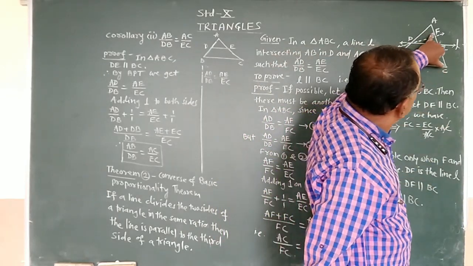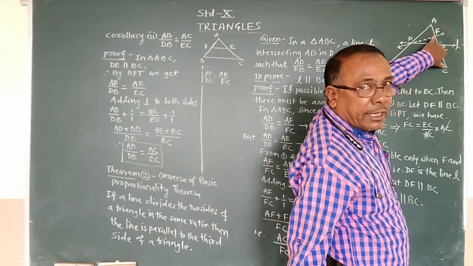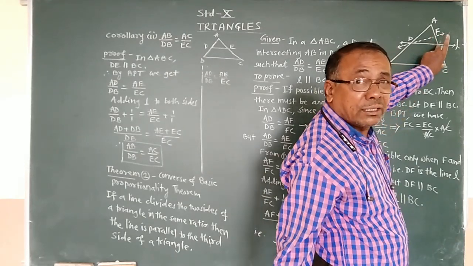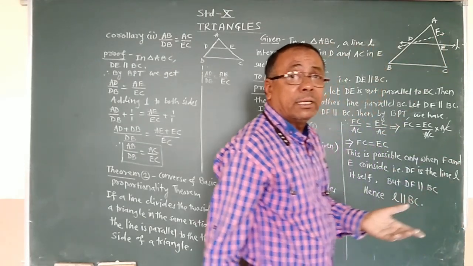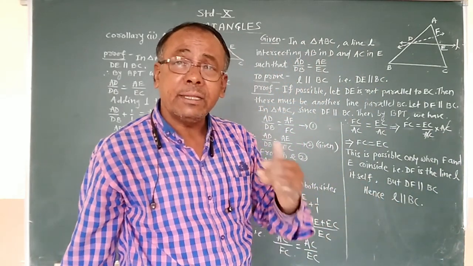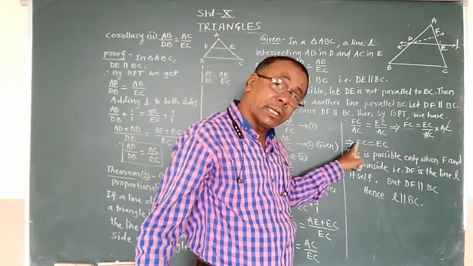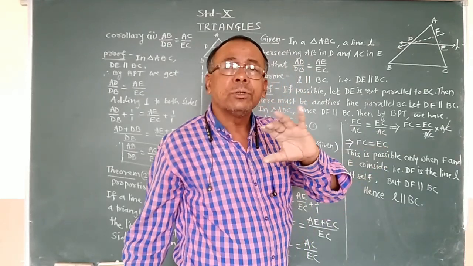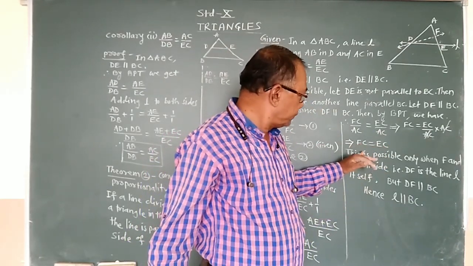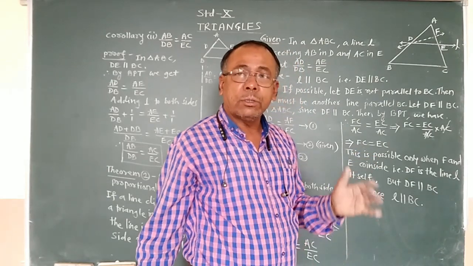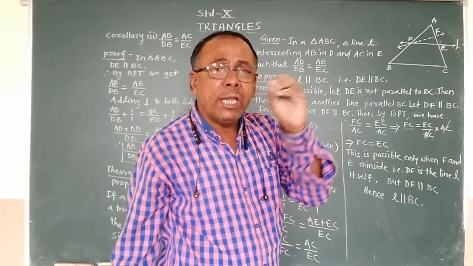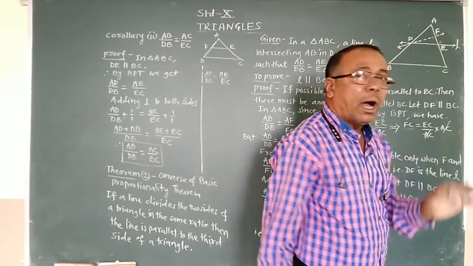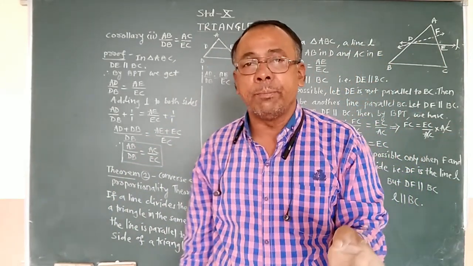Means the length of FC is greater than the length of EC, and we have proved here that FC is equal to EC. So it is not possible, and it is only possible if F and E are not two distinct points.